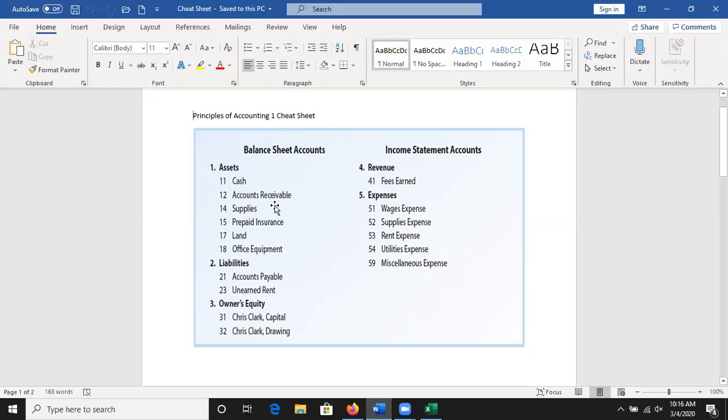Supplies are a resource. You use them in your business. Whatever the supplies are, whether it's paper, paper clips, pens, pencils, anything, it's a resource for the company. Prepaid insurance, any type of prepaid account is an asset. So what it is, you're prepaying for something that you are supposed to pay for in the future, but you're paying for it now.